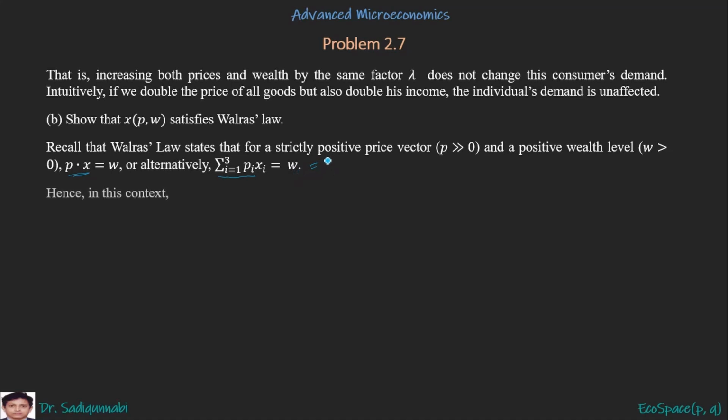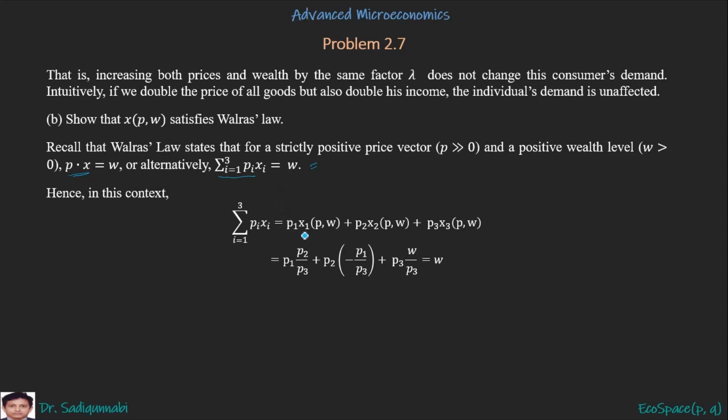In our three goods context, we can formulate the equations for Walras' law. So if we insert the values of x1, x2 and x3, we find that this is w, and further rearranging them.